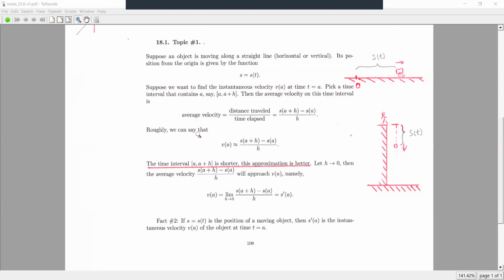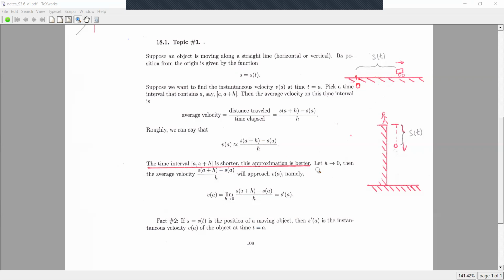Roughly, we can say that the instantaneous velocity of the object at the time a roughly is this number. This approximation is better if the time interval is shorter. That is, if h is smaller, the approximation is better.